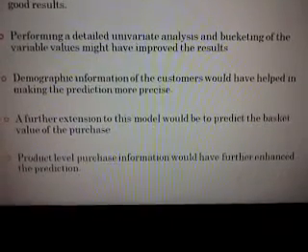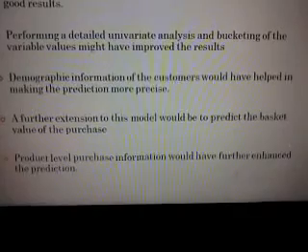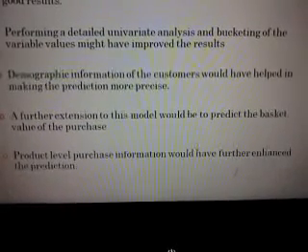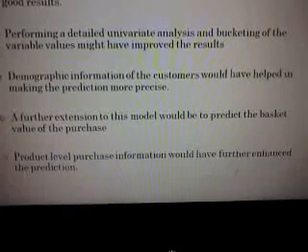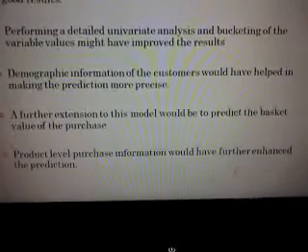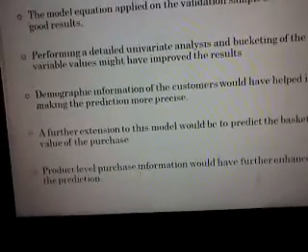That will enhance the model. Also, if there is product level purchase information in this data, that would be very useful for the store manager, because then he would be able to plan his inventory in a better manner. So that is our conclusion from this.